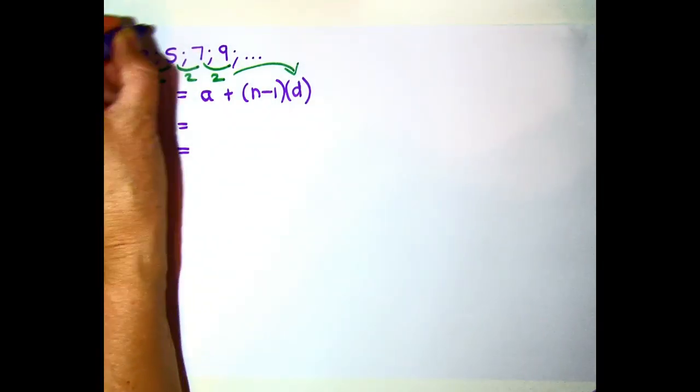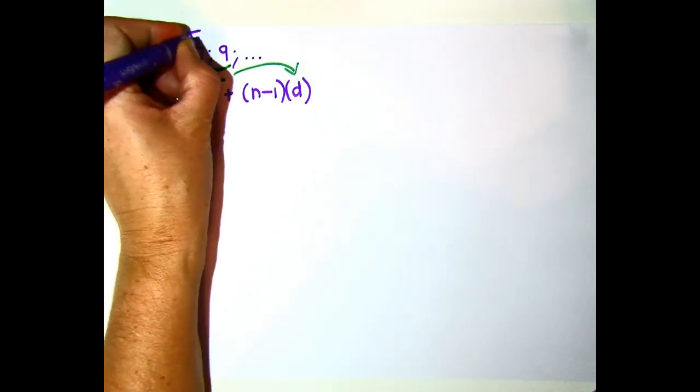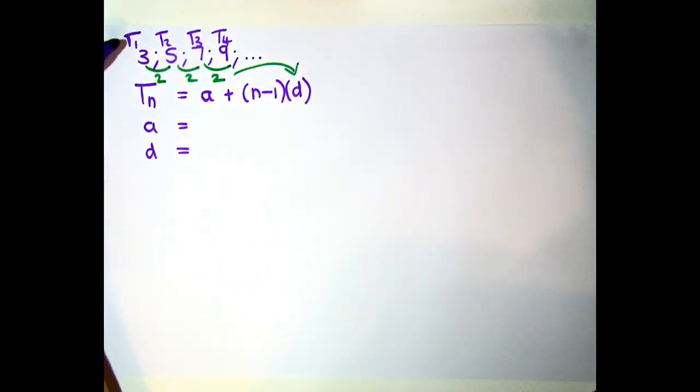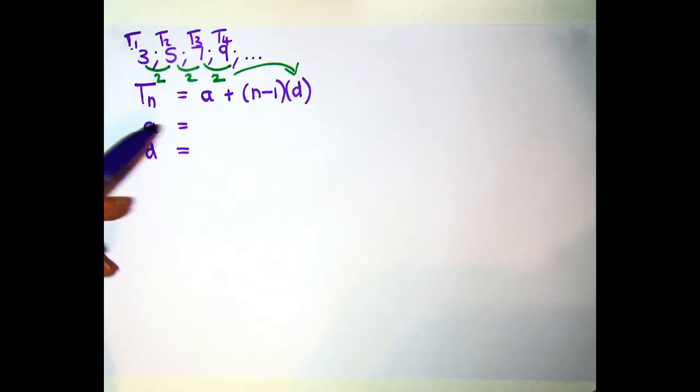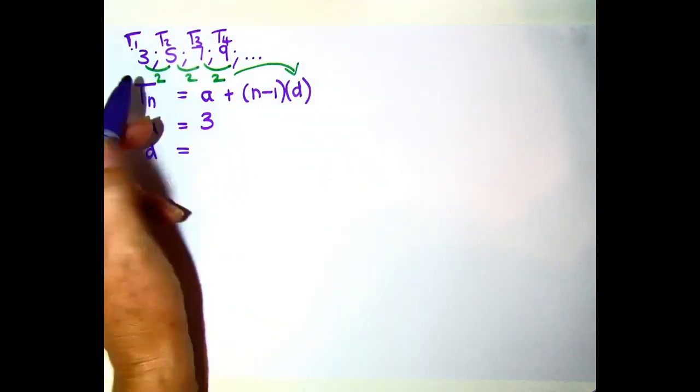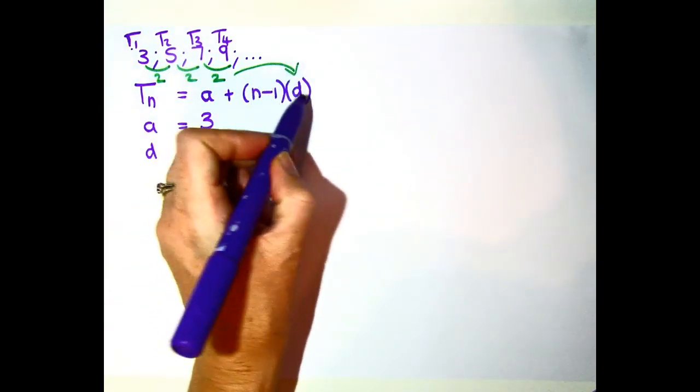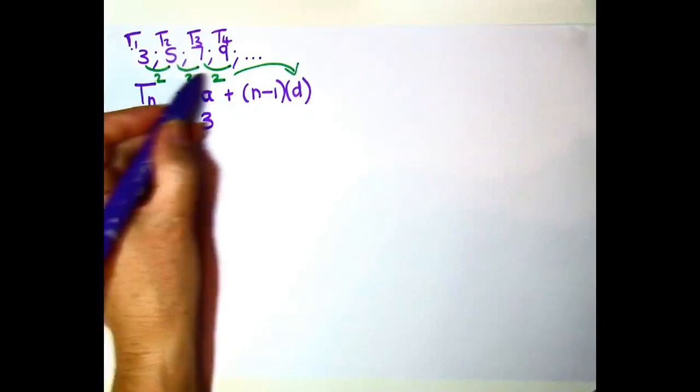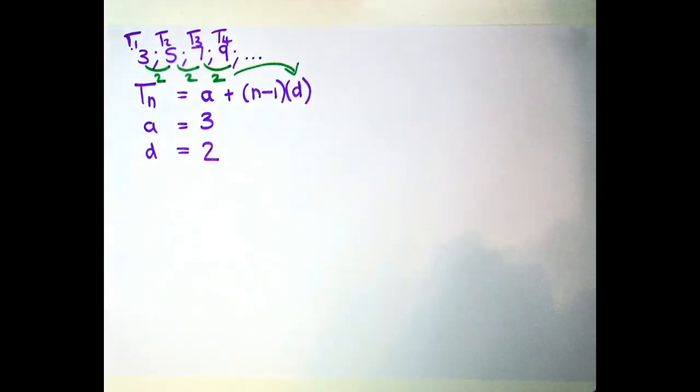Even though we could say that's T1, T2, T3, T4, etc., that is the term number, but the term value is 3. So T1 equals 3, so A equals 3. We also know the common difference is D, so we know that it's 2, so our D equals 2.